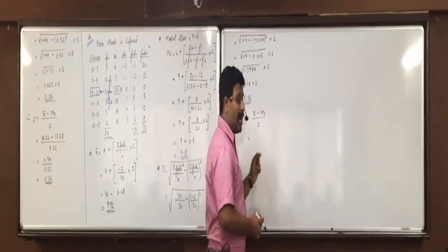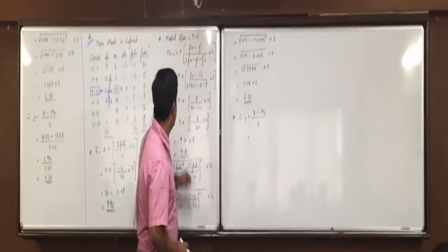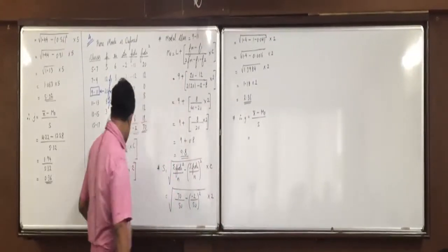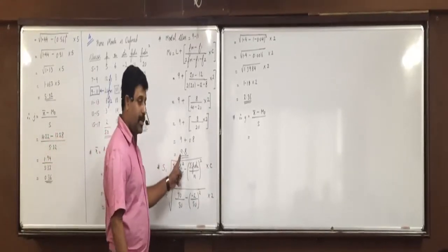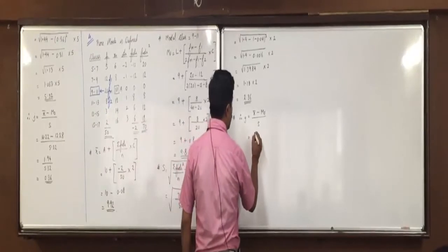J is equal to x bar minus mu upon s. So x bar we obtained as 9.92 minus mod 9.8 upon s 2.36.